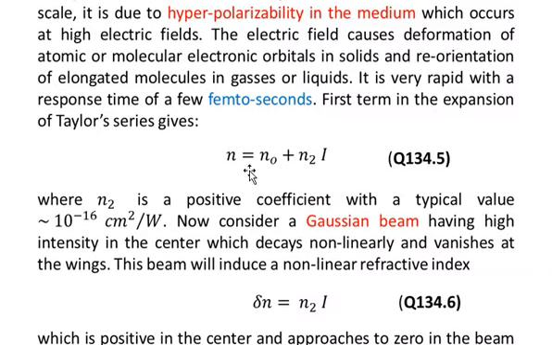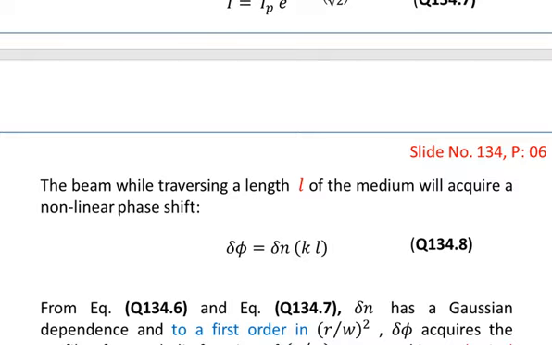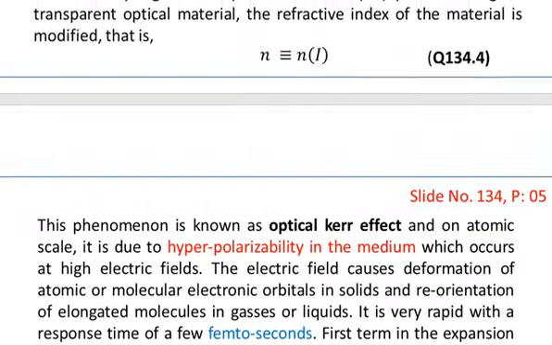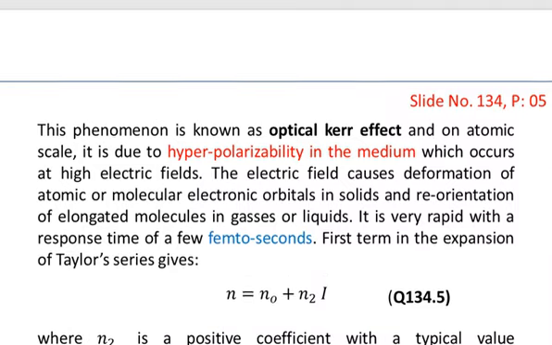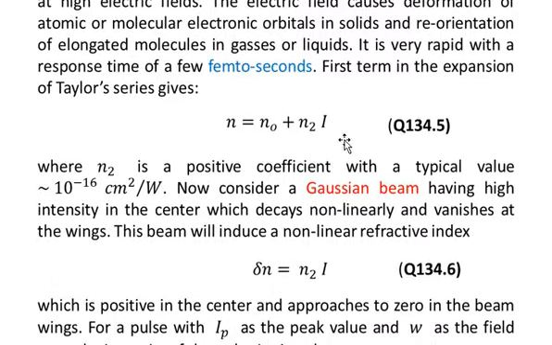This is what we are expanding, the refractive index. For example, the refractive index, you know, is given by this expression. We can expand this refractive index using some polynomial. For example, a Taylor series can be used. The first two terms have been retained in the expansion. So the refractive index n is equal to n0 plus n2 times I, where I is the intensity, and I have told you that usually we use the Gaussian beam as the intensity.